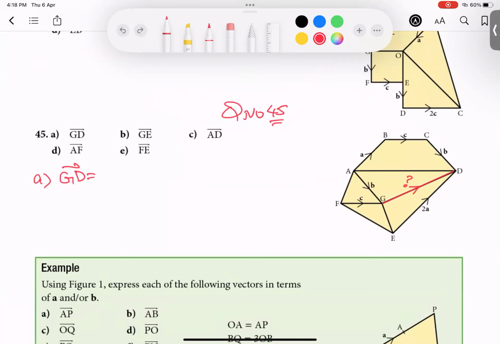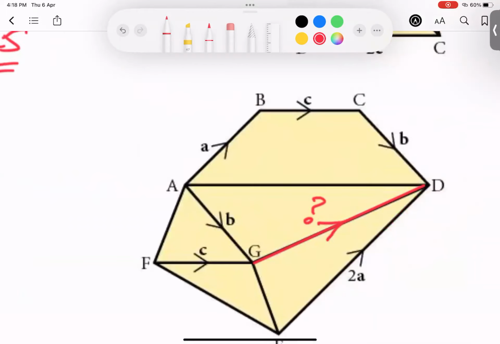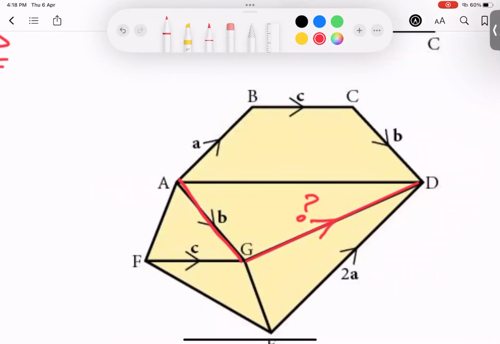Bismillah ar-Rahman ar-Rahim. What is the way of writing the path? G to A to B, B to C, and C to D. I am writing the path now: G to A, A to B, B to C, and C to D. If I ask you what is G to A: naturally, the given vector B starts from A to C, but if I want to go backwards, this answer will be what?